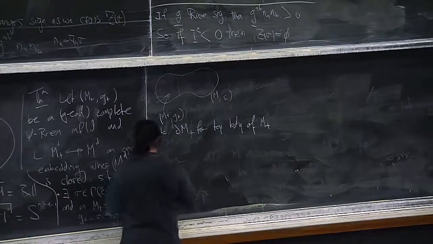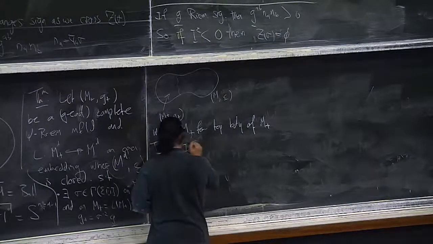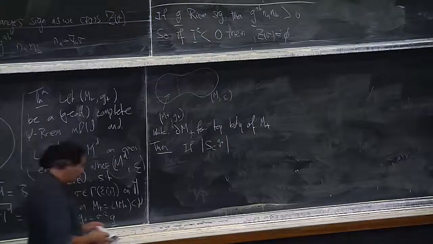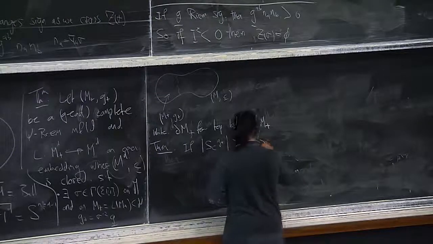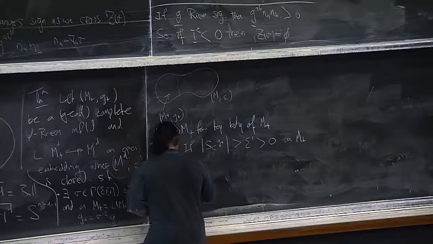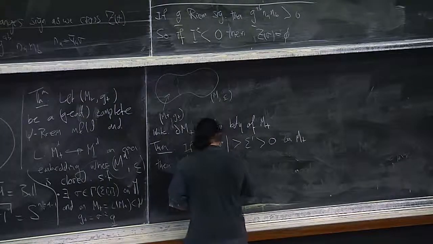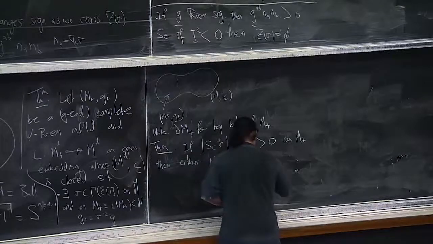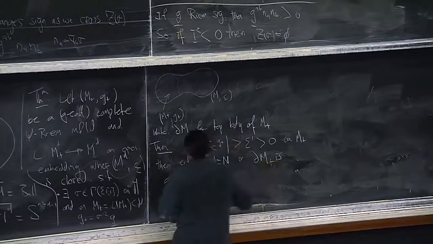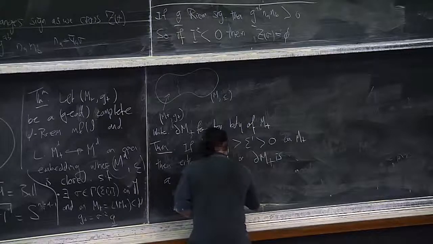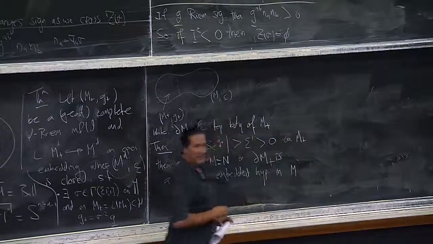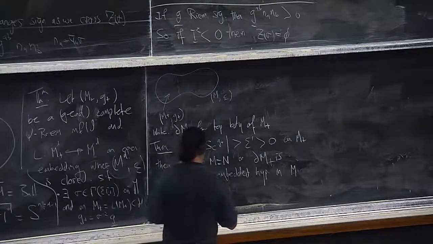Okay, so here's the main point. If the scalar curvature of this g+ is bounded away from 0 on M+, then either M+ equals M, we can't eliminate that, or the set of boundary points is a smooth embedded hypersurface in M. Sorry, did I change it somewhere else?